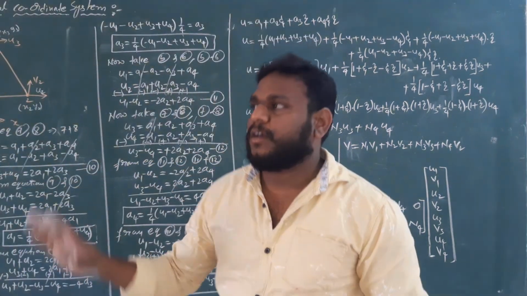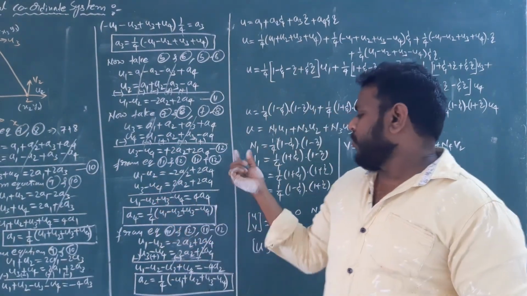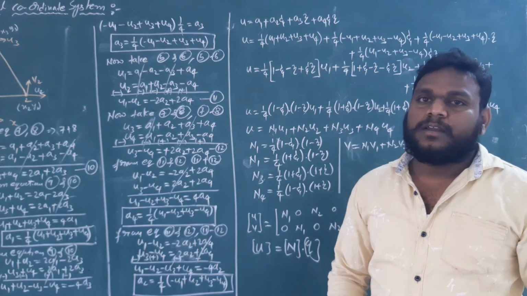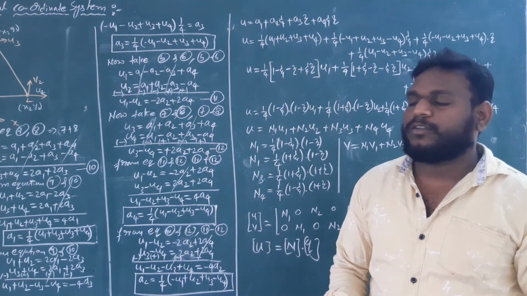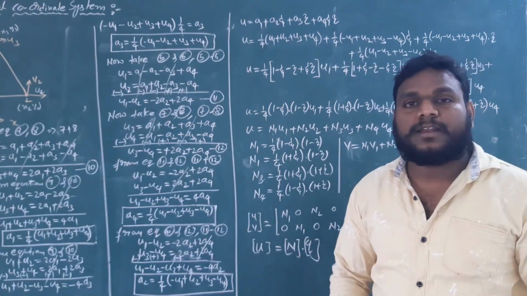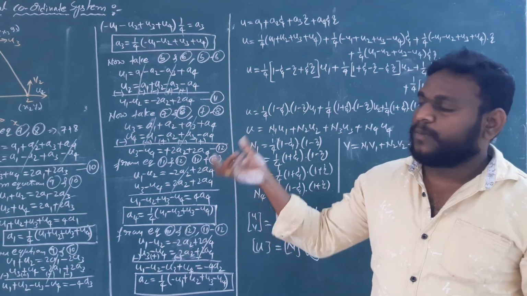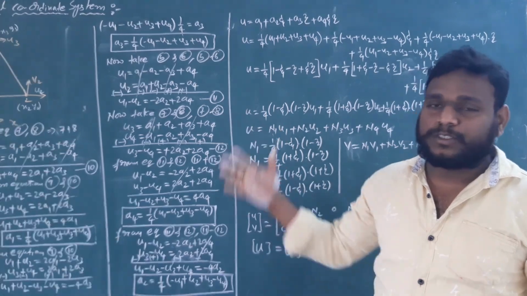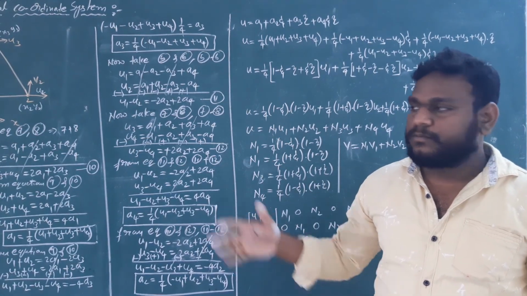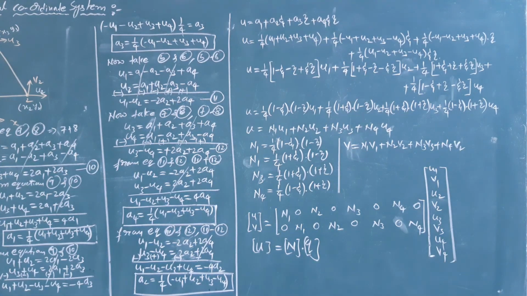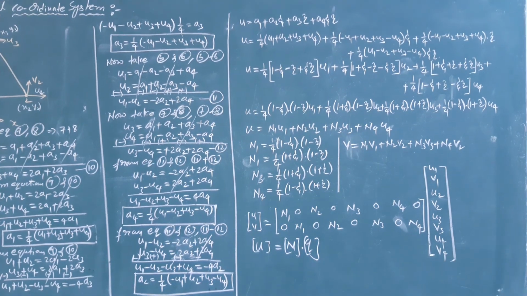These shape functions are very essential to find nodal displacements and interior displacements. Once we get the nodal displacements, we can easily calculate stresses and strains in that particular element. This is the process. I will show you the entire equations.